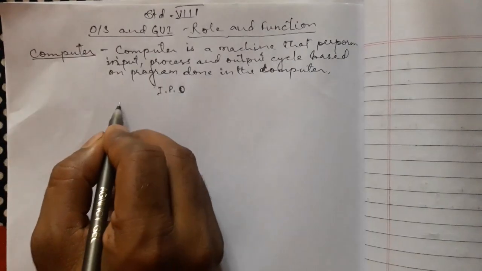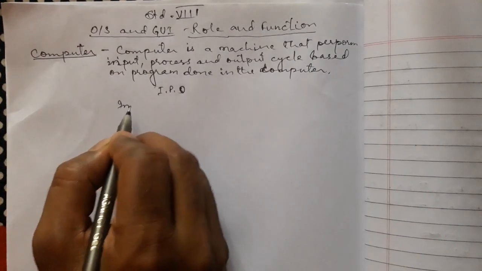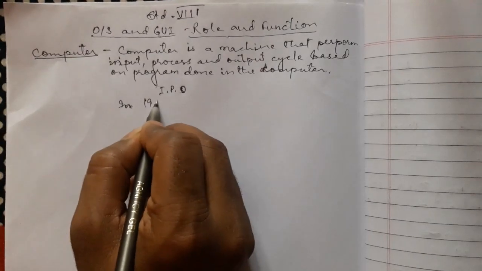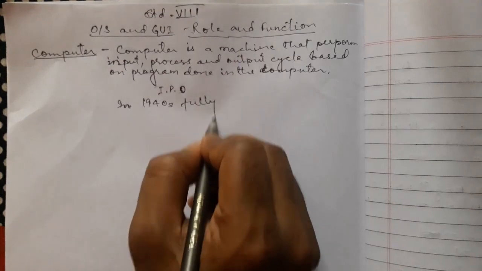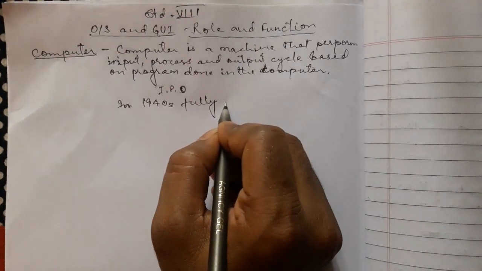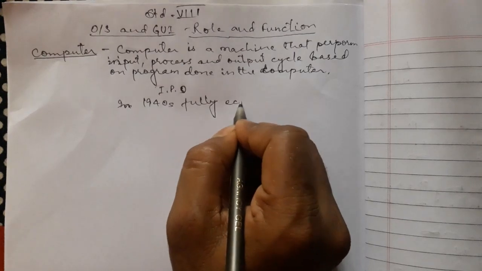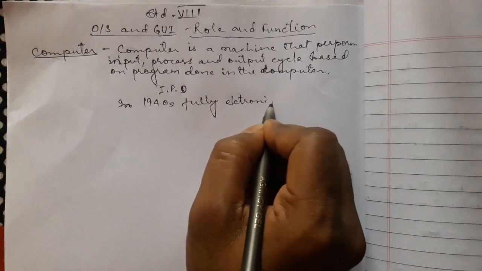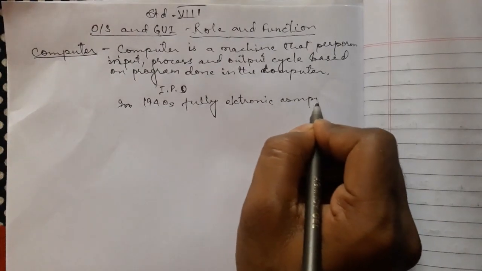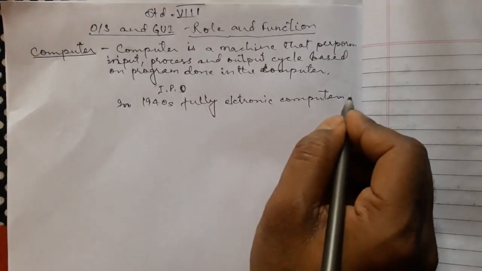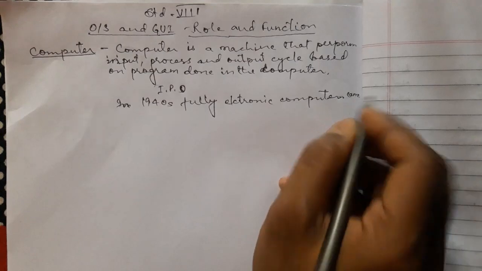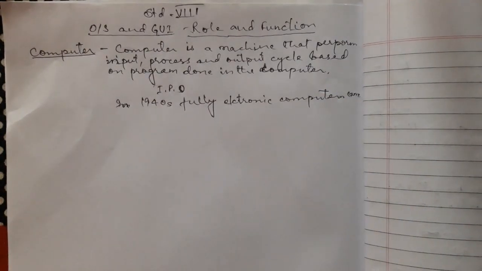Exact date is not clear, but in 1940s, fully electronic computer came into existence. Fully electronic computer came. So it was about the definition.